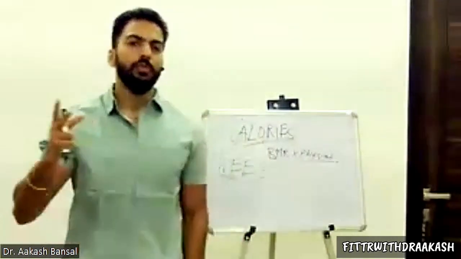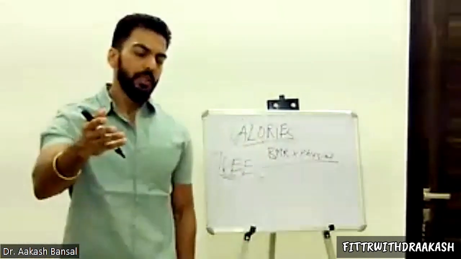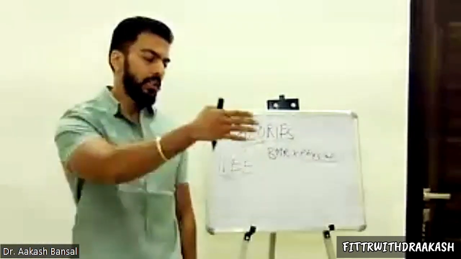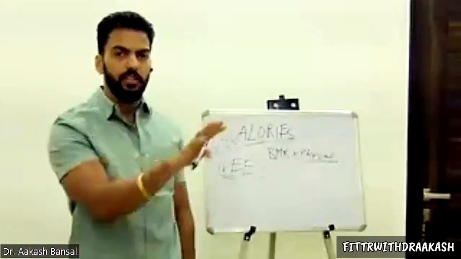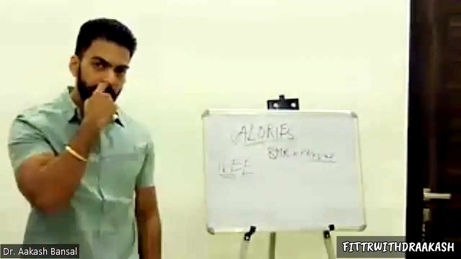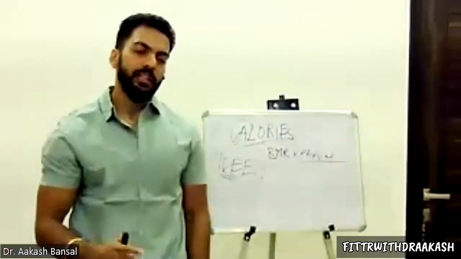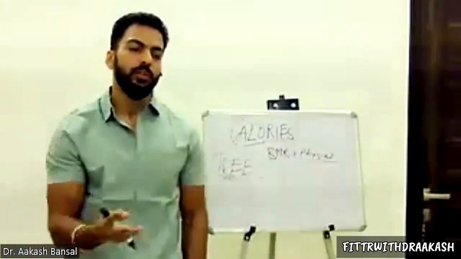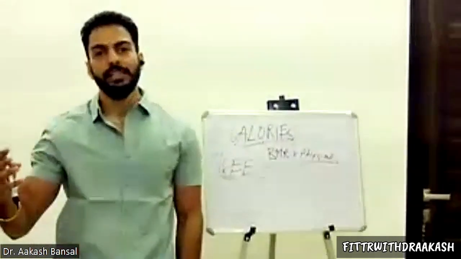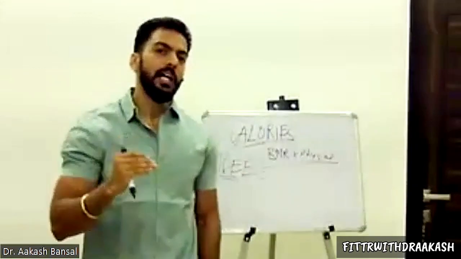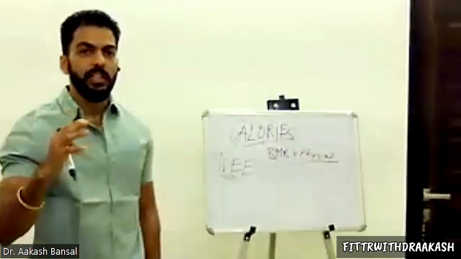For example, if you open the Fitter app right now, in the TDEE calculator, it will ask how active you are. You work out once a week, 2 to 3 times a week, 3 to 4, 4 to 5, how intense your workout is. Depending upon that, scientists have given a certain value to it.